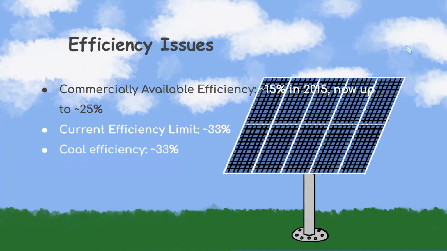This is the equivalent to the efficiency of coal, which is already in wide use. And considering that the cost of installing a solar panel is between $4,500 and $36,000 with an average of $16,000, before more widespread usage of solar panels becomes popular, the efficiency issue needs to be dealt with.